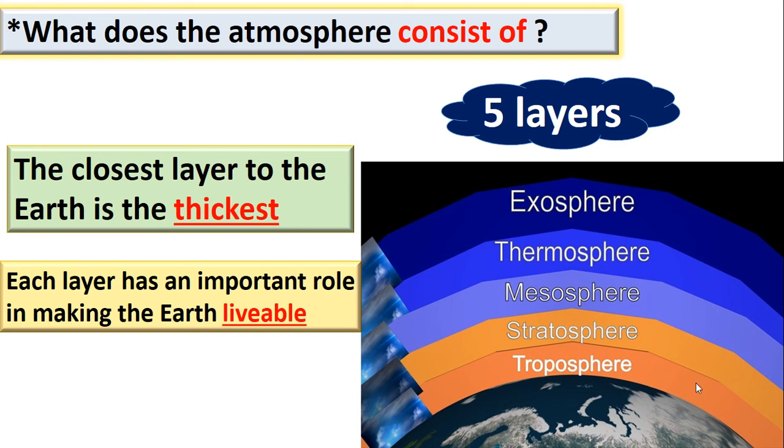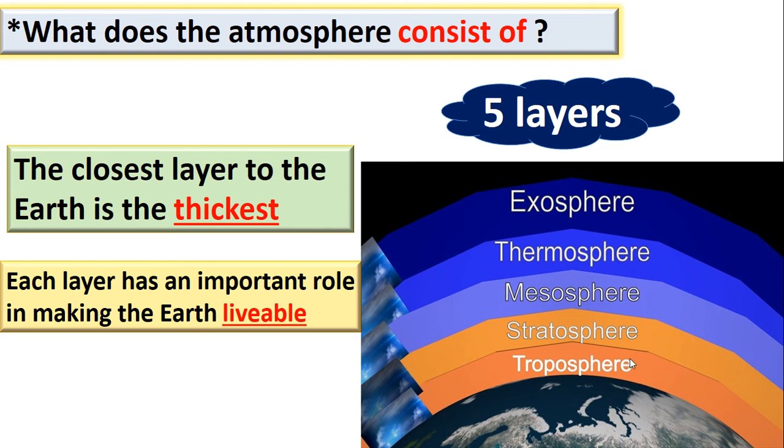And the closest layer to the earth is the thickest one. What is the meaning of thickest? Thickest does not mean the fattest one. But we say that the atmosphere is made of gases.